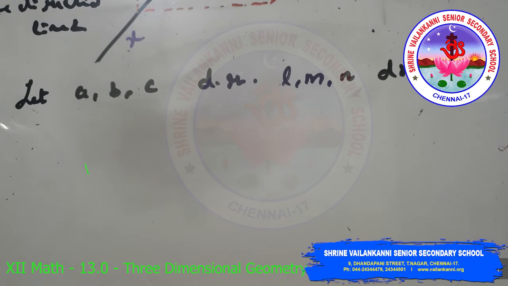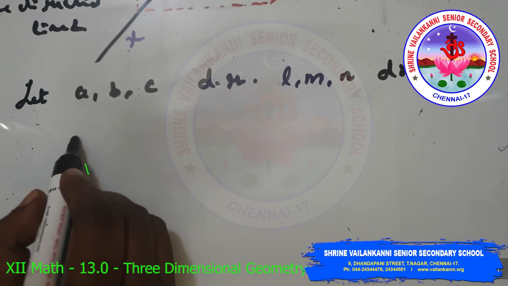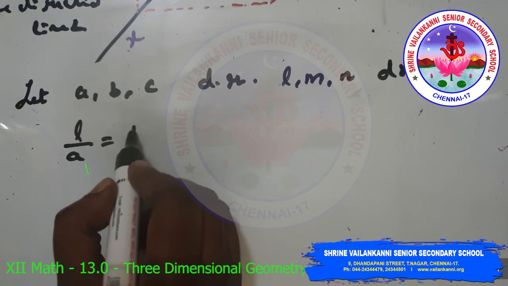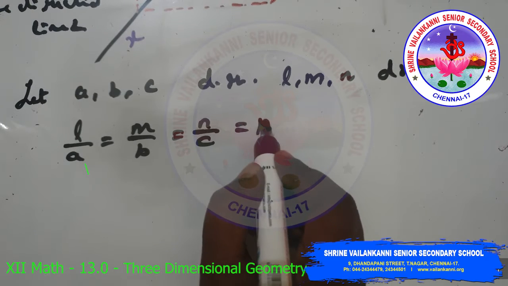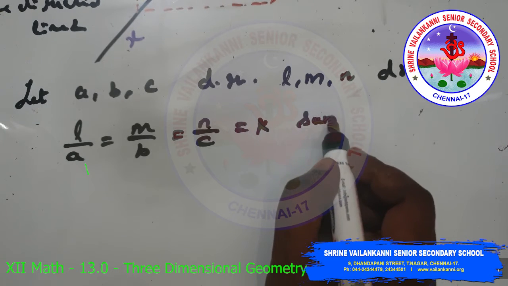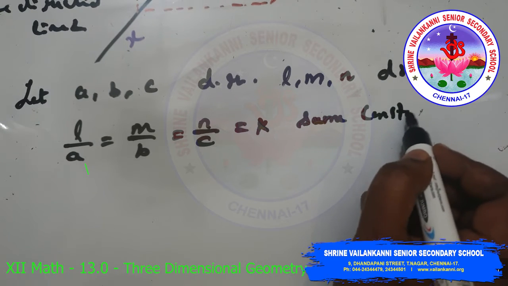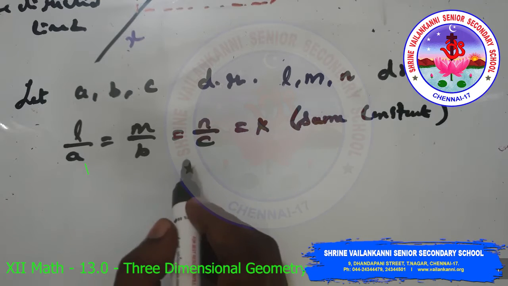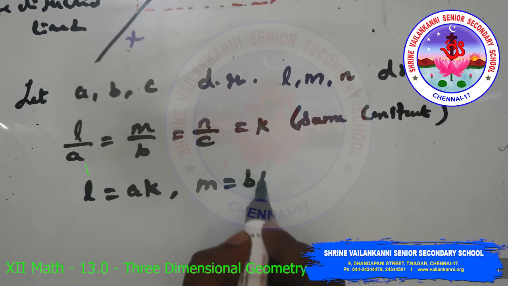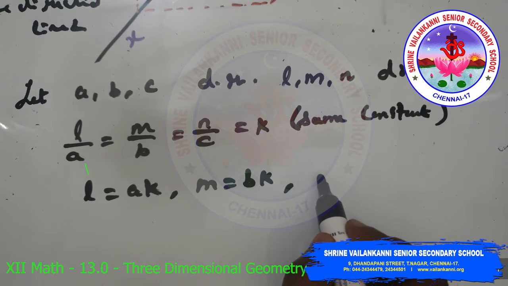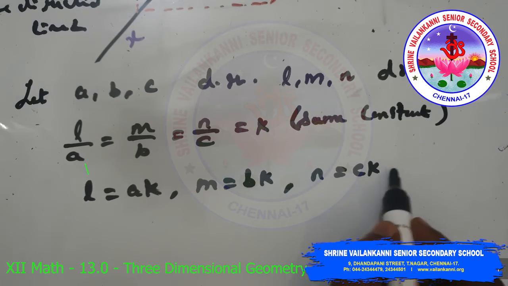Let a, b, c be the direction ratios of a line and let l, m, n be the direction cosines of the line. Then l by a equals m by b equals n by c equals k, some constant. So l equals ak, m equals bk and n equals ck.